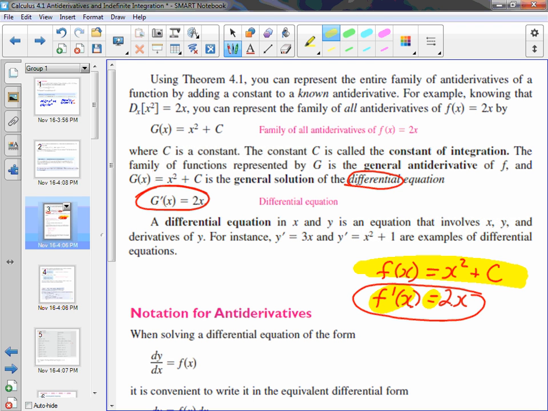Sometimes it's a little nicer in your head to think of it one way than the other way. You got to get to the point where you understand the process of an antiderivative is the process of a general solution of a differential equation. And that's a whole lot of vocabulary, it's a lot of words.